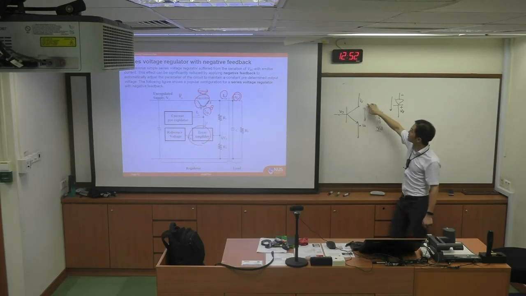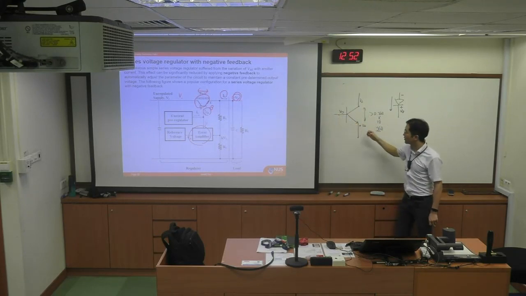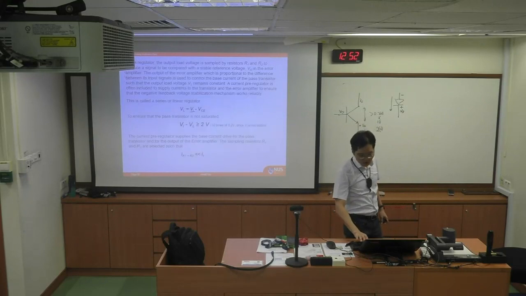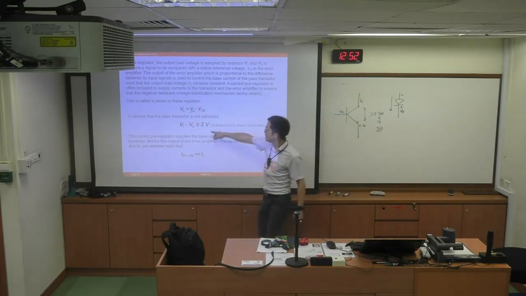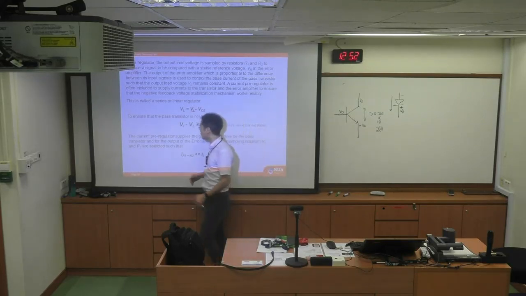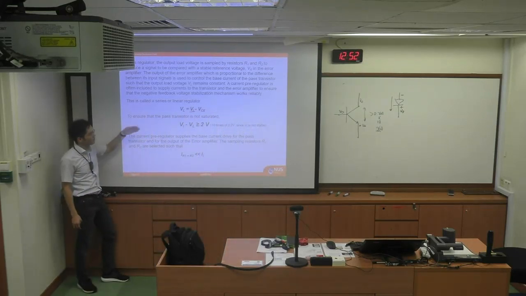Then the collector will be much greater than the base, the base will be greater than the emitter, and this will be in fully active mode. So I would give the input to load voltage difference to be at least 2 volt, meaning the load voltage has to be at least 2 volt lower than the input voltage so that it remains very stable without any distortion.